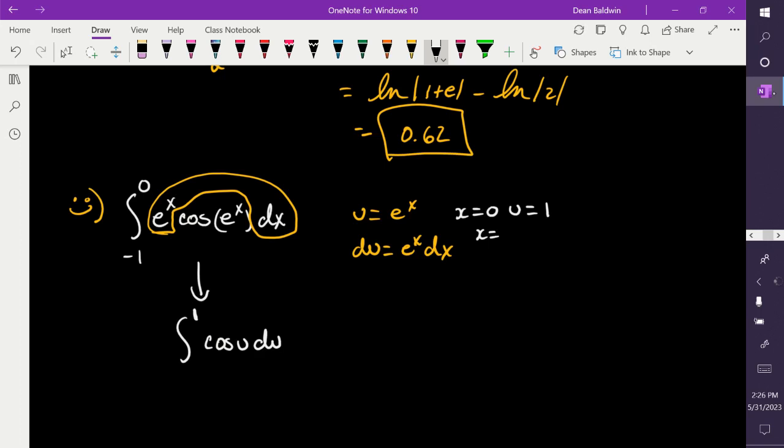When x is equal to negative 1, u is equal to? One over e, right? E to the negative 1. Because you just put a negative 1 in for the exponent. Does that make sense? So it's 1 over e. Okay, what's the antiderivative of cosine?